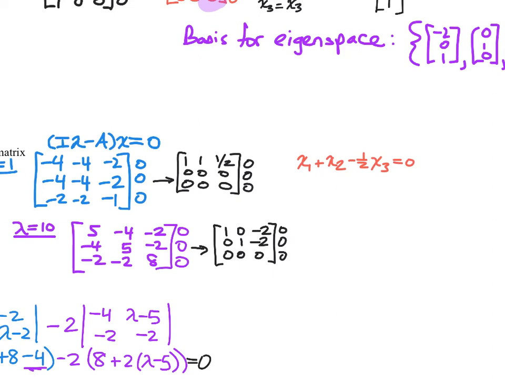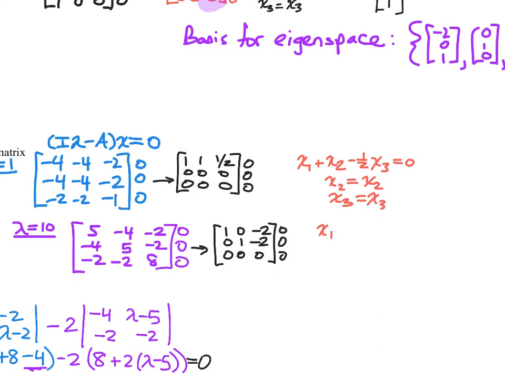All right. So we have 2 free variables. x2 is equal to x2, and x3 is equal to x3. Cross that bridge in a minute. Tackle the other one simultaneously.